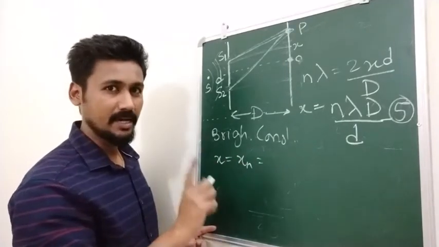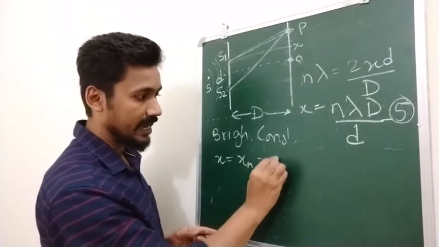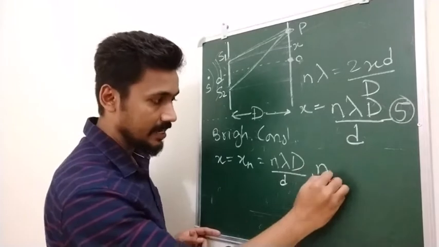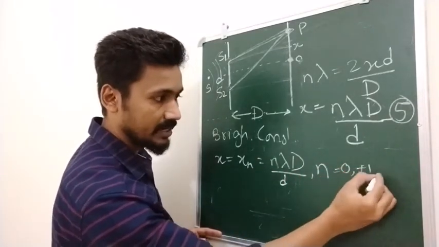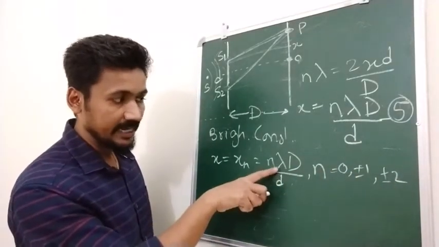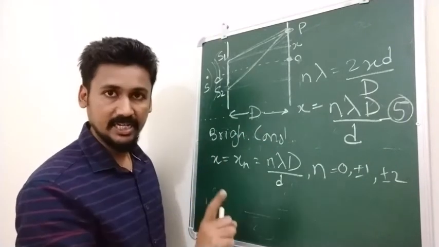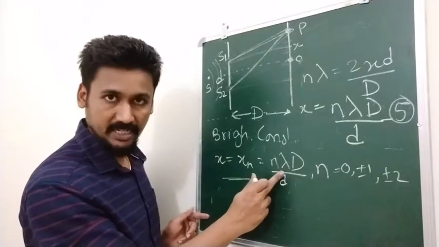The subscript n is coming because that is the number of the fringe. xn is equal to n lambda D by small d, and this n should take the values 0, plus or minus 1, plus or minus 2. By this, n will take integral values, so we are going to get brightness, a bright spot or constructive interference. So this is the condition for a bright spot.